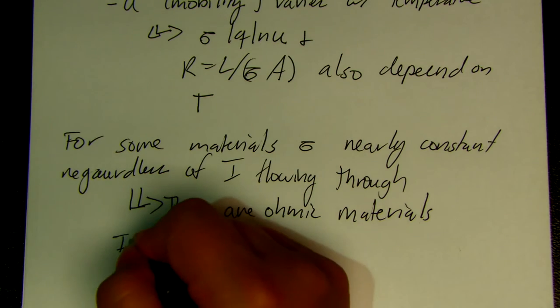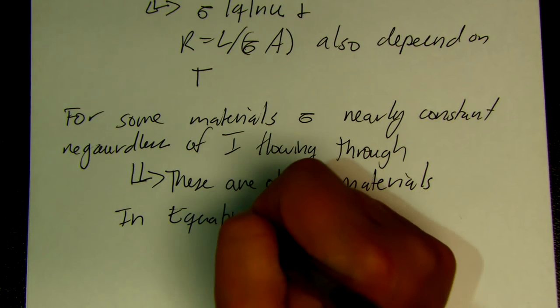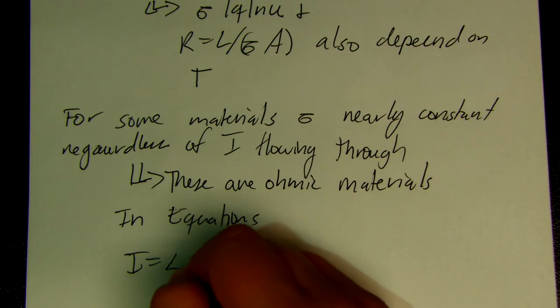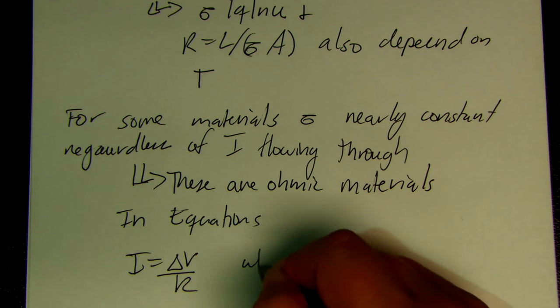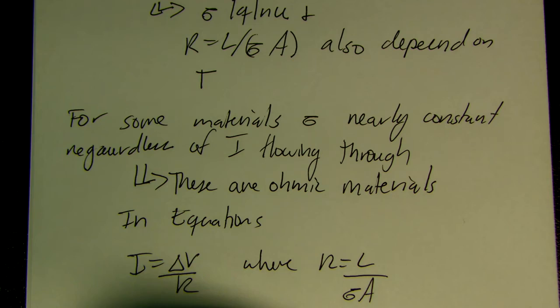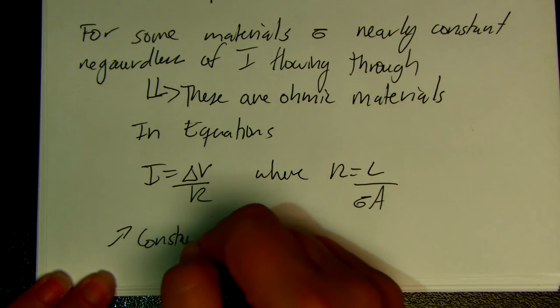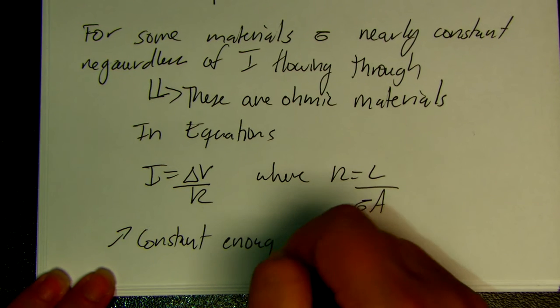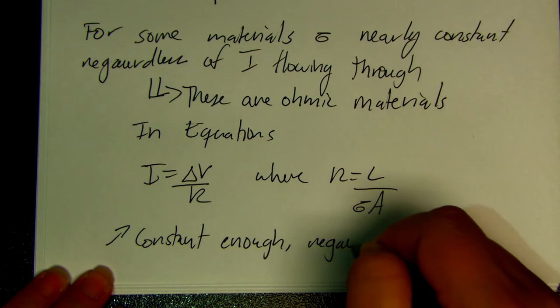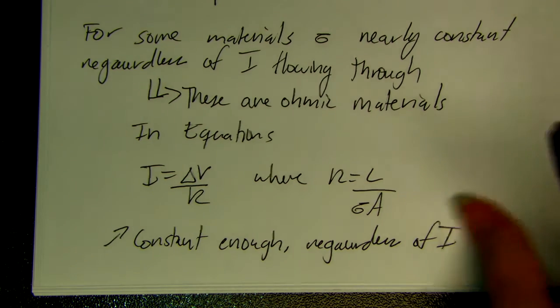So these are the materials used for resistors. So in equations, I is equal to delta V over R, where R is equal to L over sigma A, then this will be constant enough regardless of I. And obviously a commercial resistor would be made out of this type of material because they need to be predictable.